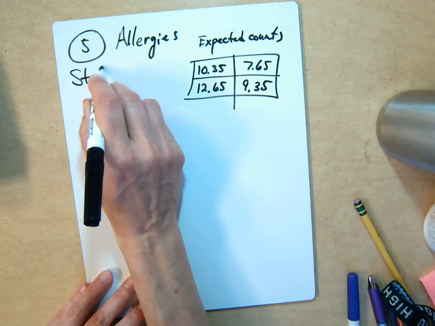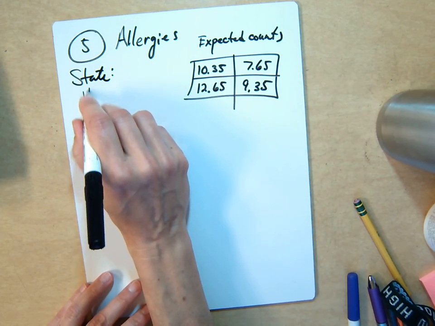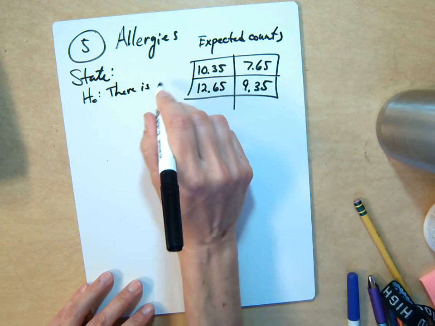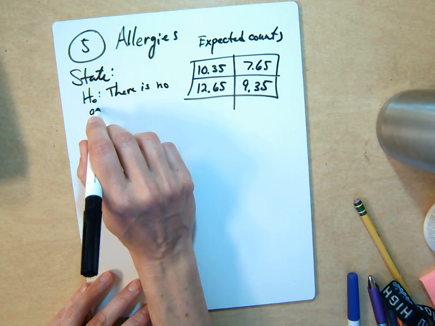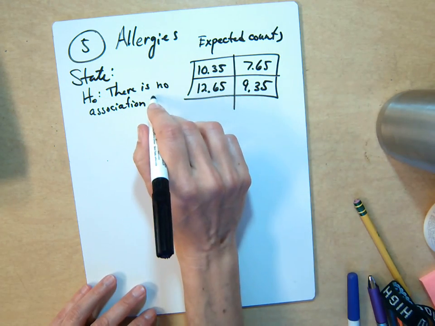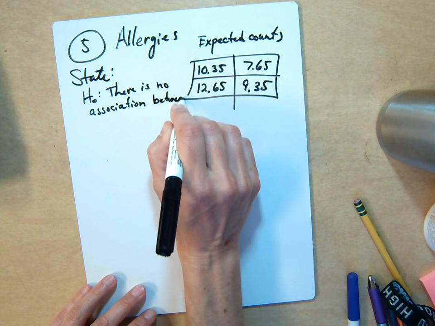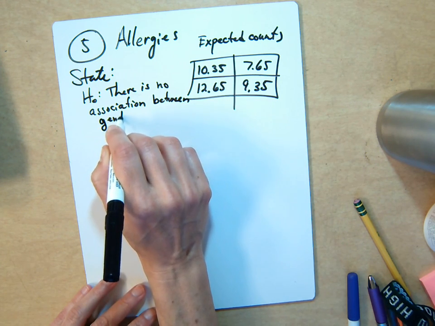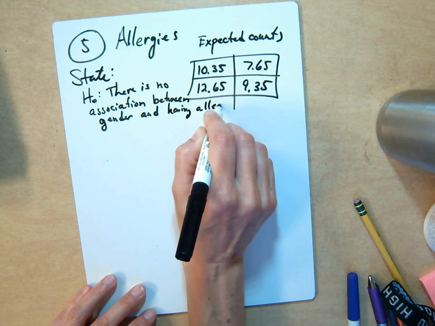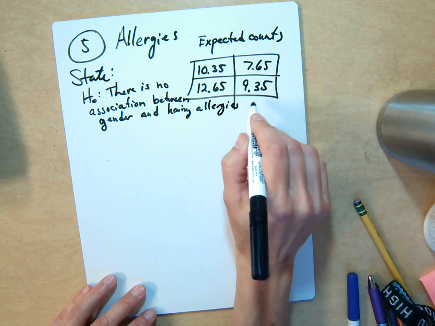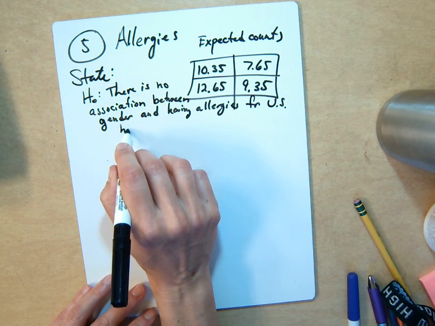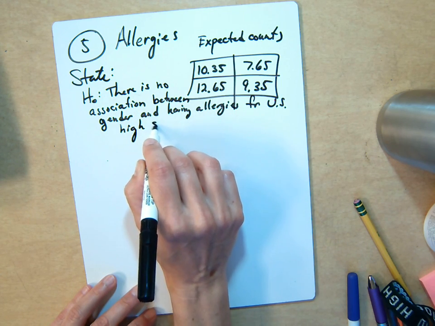So our state part is, for H naught, we would say that there is no association between gender and having allergies for U.S. high school students who filled out a survey.